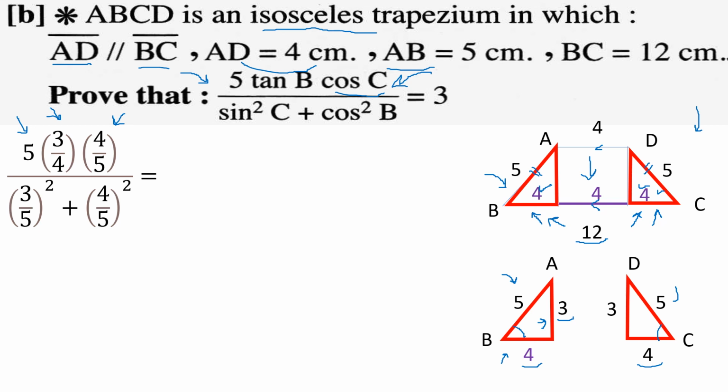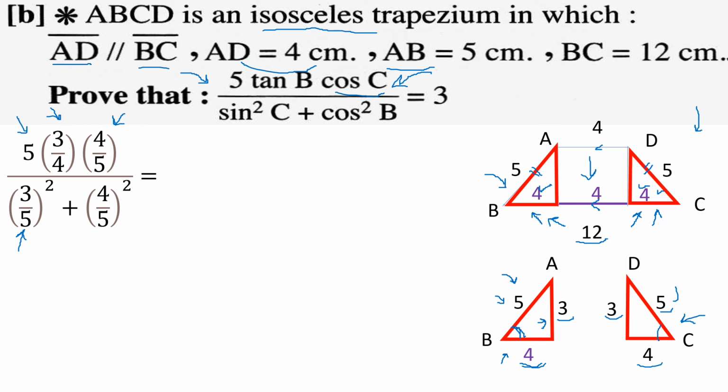Then down in the denominator, sine power 2 of c. Here is c. Its sine is opposite over hypotenuse, so it is 3 over 5 all power 2, as he said. The next is cosine b squared. Back to b, its cosine is adjacent over hypotenuse, so 4 over 5 all power 2.